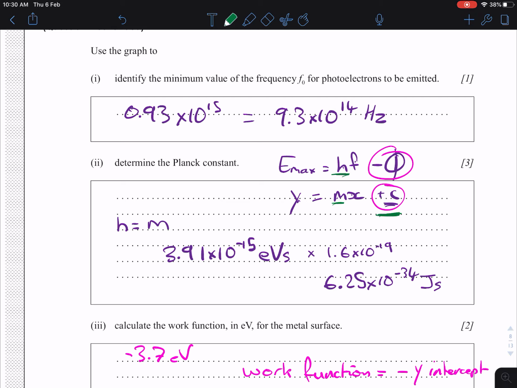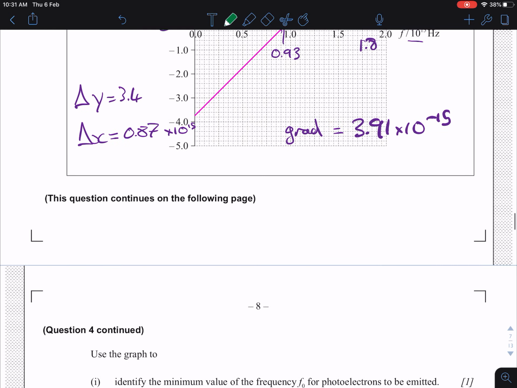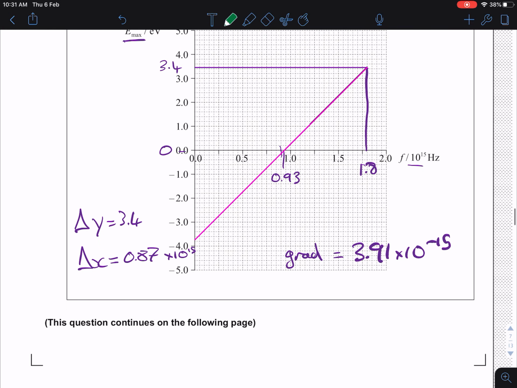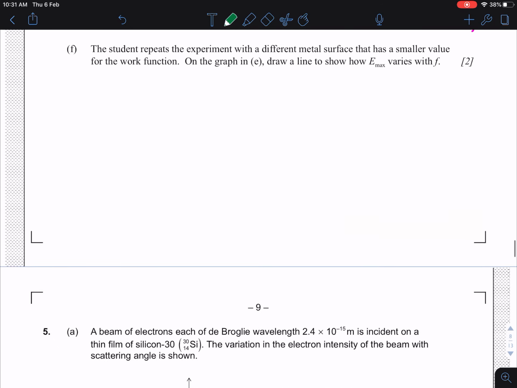So the only difference is we've got a smaller value for the work function, which means a smaller numerical magnitude, but with the same gradient. So we're going to be going up something like that. Anywhere above the pink line, but having the y-intercept below 0 is fine. And the second mark is for it being parallel to the first line. And that's it.